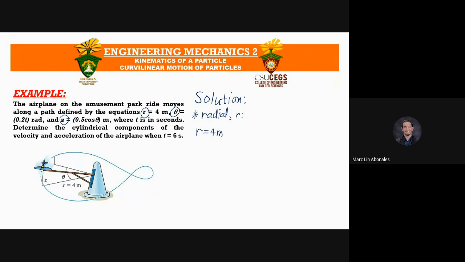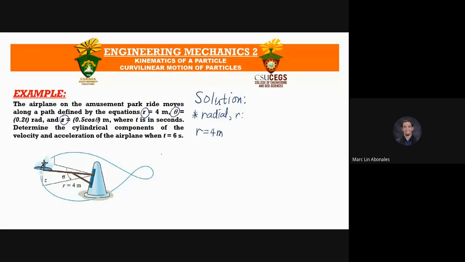Meaning, every time the airplane moves on this amusement park ride, it will have a constant radius or radial distance of 4 meters. So, whatever the angle, its r will always be 4 meters.